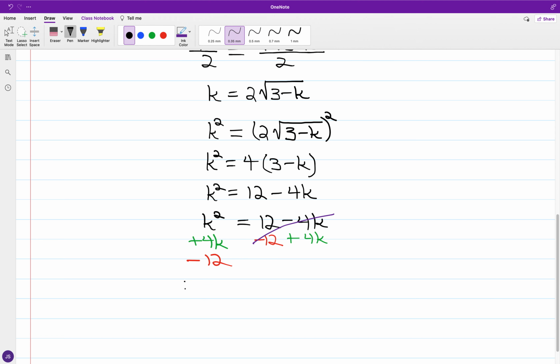So we have k squared plus 4k minus 12 is equal to 0.